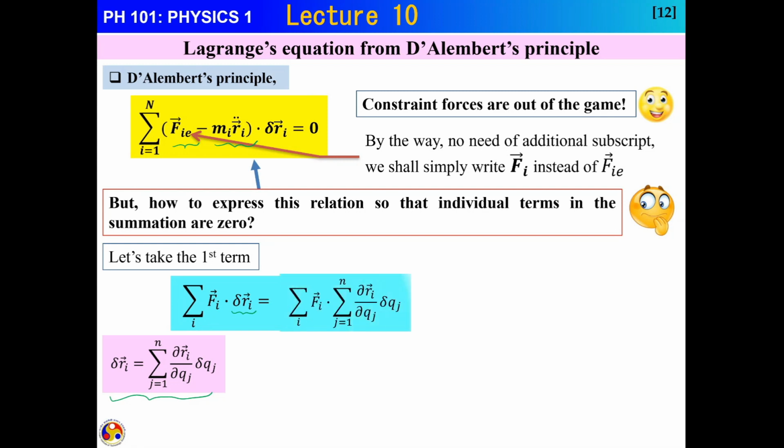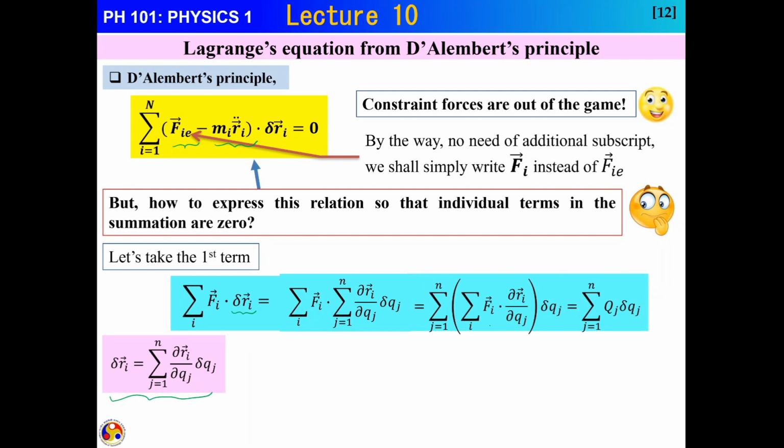Now we can rearrange this term so that all the i terms are put together. In that case, this equation can be rewritten as the summation over j of the summation over i of Fi dot partial derivative of Ri with respect to Qj, times the virtual displacement delta Qj, which is some functional form.